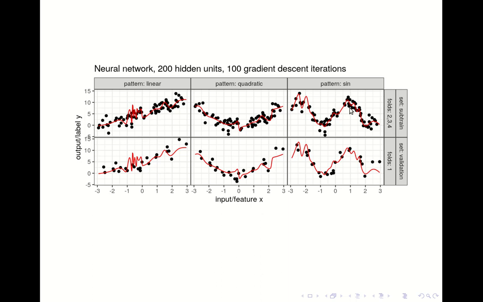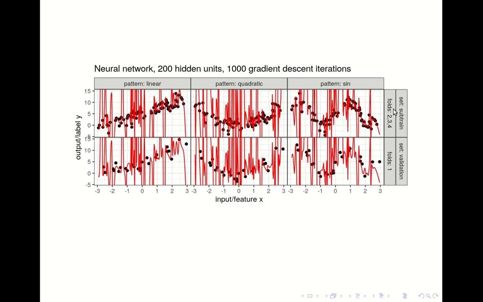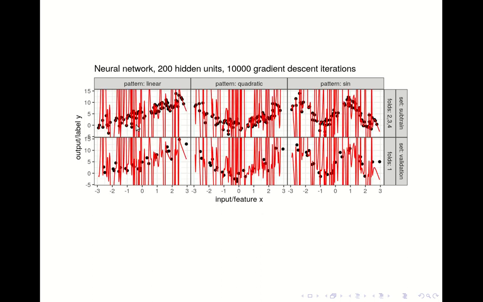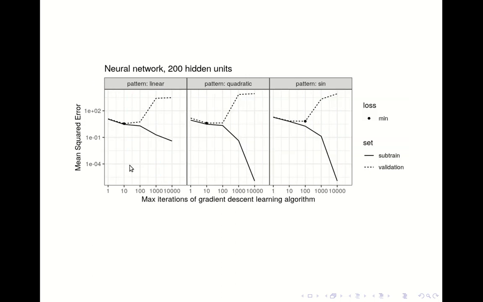After 100 iterations, we start to see a little bit of overfitting over here for the linear and maybe for the sine pattern. And after 1,000, overfitting is pretty evident. And after 10,000, we're doing a lot of overfitting, right? So it's really big wiggly lines that are going through all of the subtrain data points, but are not doing a good job on the corresponding validation data points.